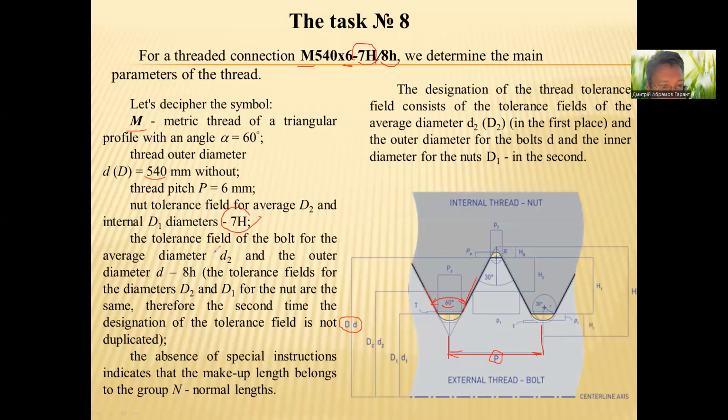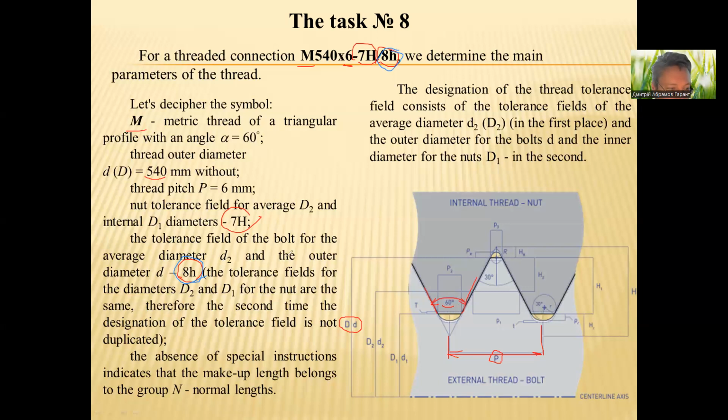The tolerance field of the bolt for the average diameter D2 and the outer diameter small d is 8H. Let's change the color. It's for the bolt.